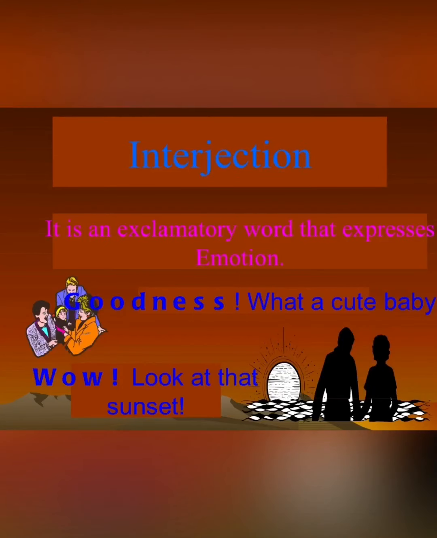The last we have interjection. Interjections are expressions that can stand on their own or be contained within a sentence. These words and phrases often carry strong emotion and convey reaction.